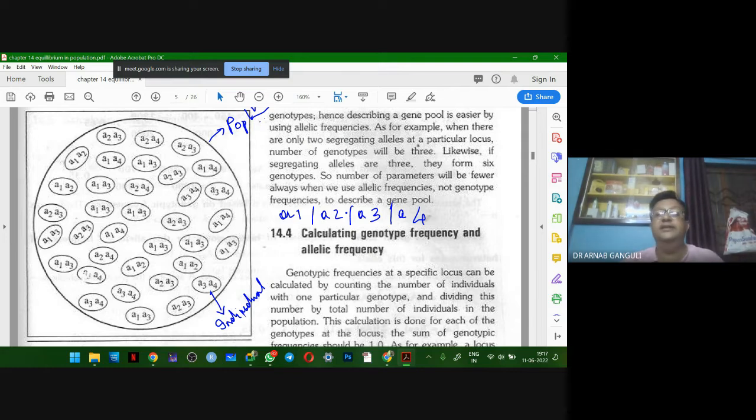Four colors. So, the sum total of the frequency. Frequency means if out of 10 individuals, two individuals have got blue eyes, so 2 divided by 10, 0.2 is the frequency of blue-eyed individuals. This is what you mean by frequency.